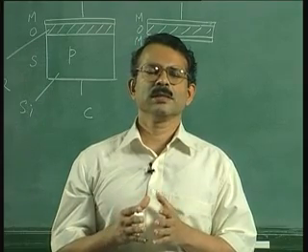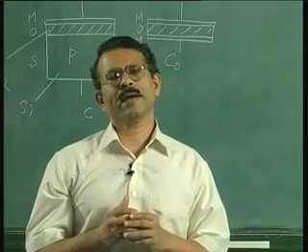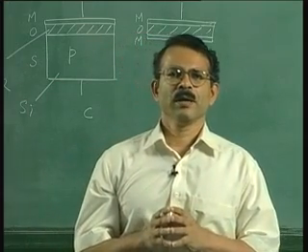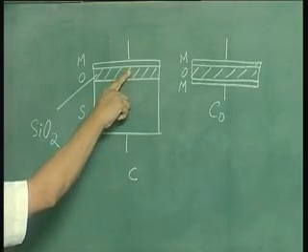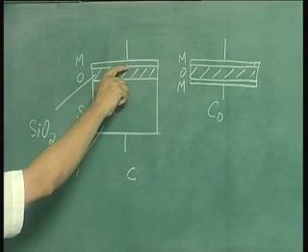In modern days, the technology has advanced, so we can have very thin oxide layers of very good quality. Now it is very important that this oxide layer be of high quality. That means its dielectric constant should be high and it should be very insulating.